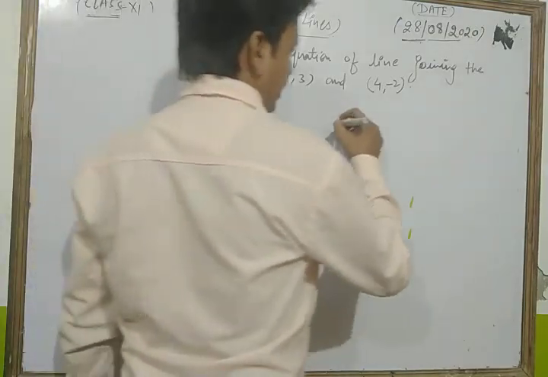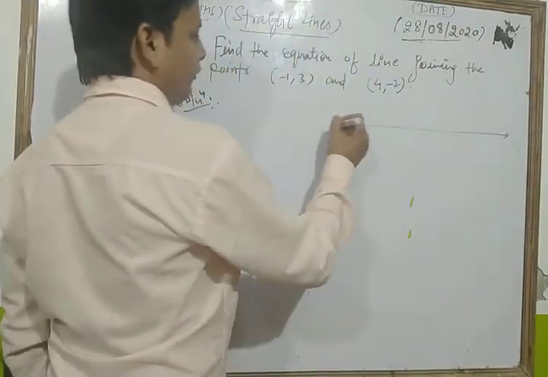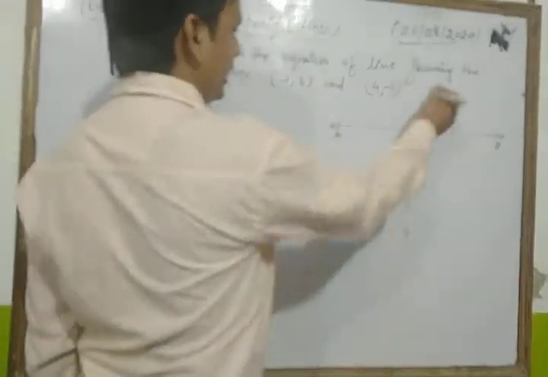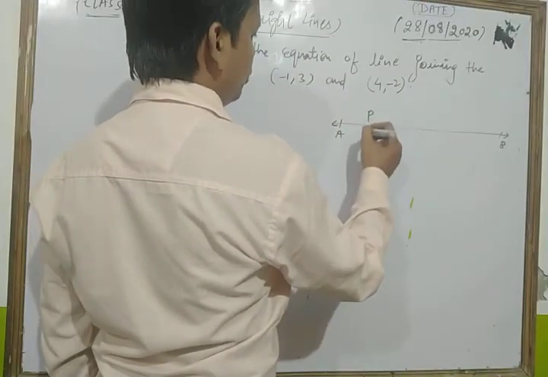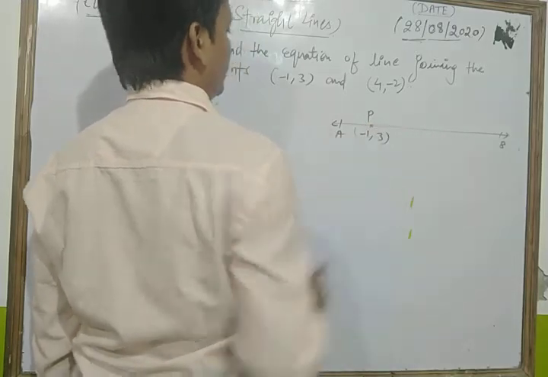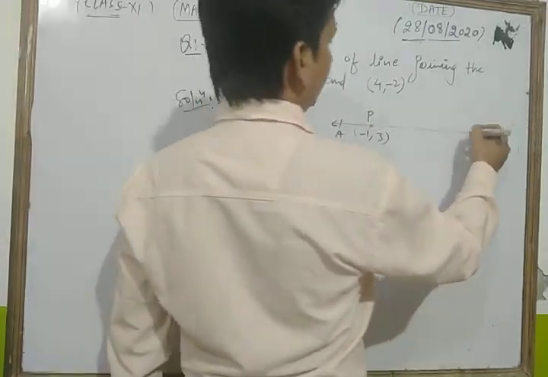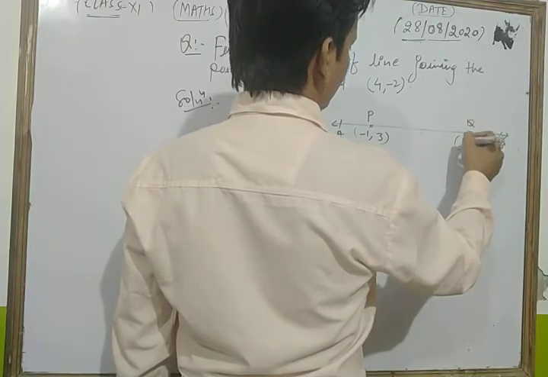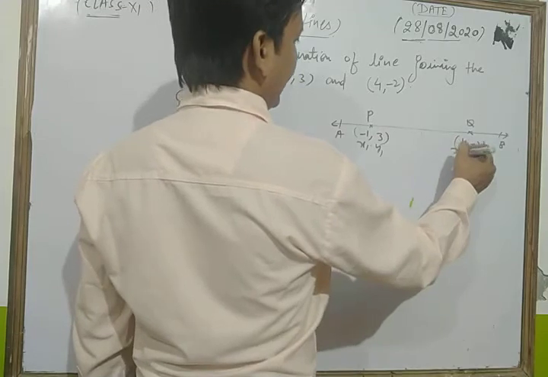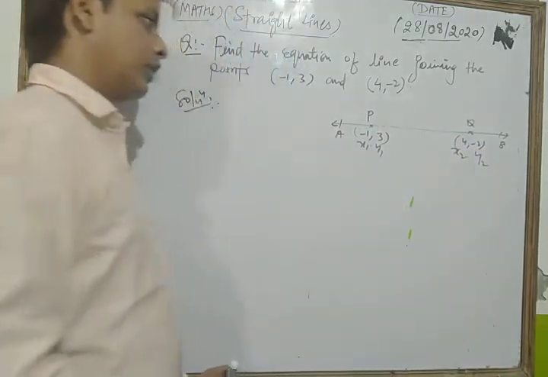First of all, suppose we take AB as a line passing through the points P and Q having coordinates (minus 1, 3), and let us take Q as (4, minus 2). Now here we take x1, y1 and x2, y2.